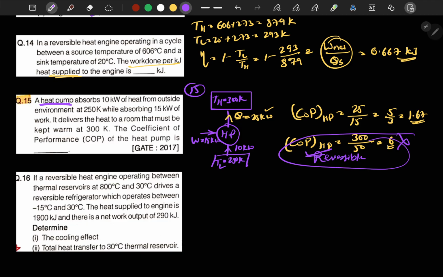Even if in a question it is mentioned that the cycle is reversible, but when asking the coefficient of performance, it is not mentioned that this is the maximum possible COP, or reversible COP, or Carnot COP, and in the question the heat supplied and work is given, so you must use this formula only. COP is equal to desired effect upon energy supplied.